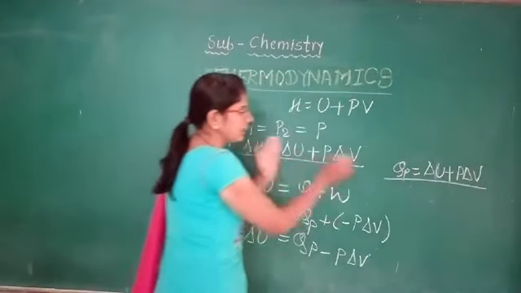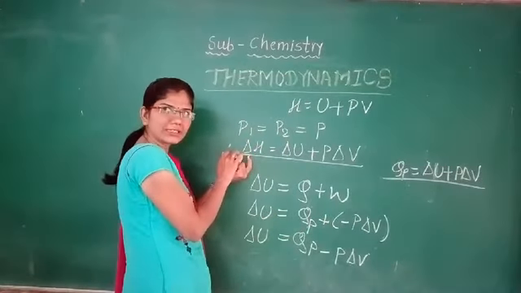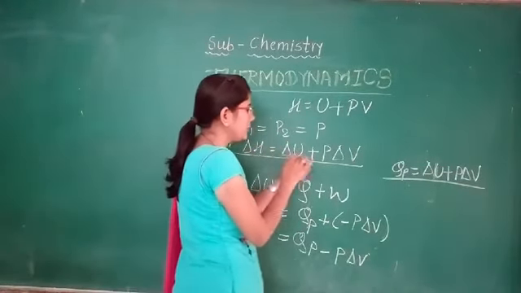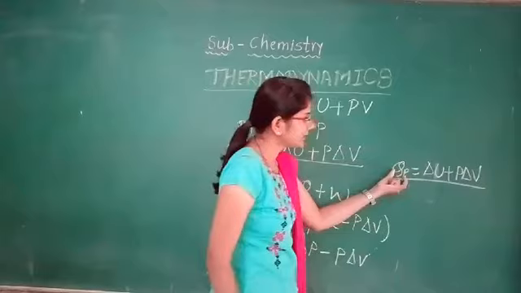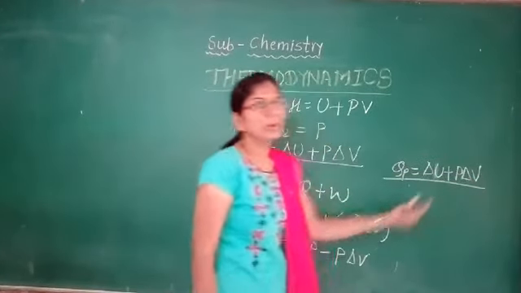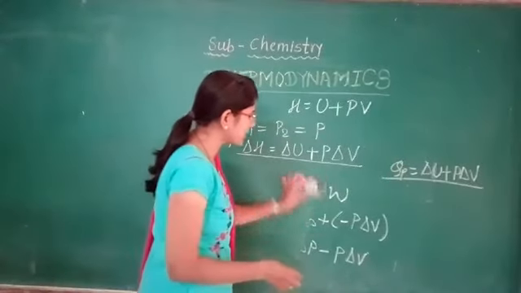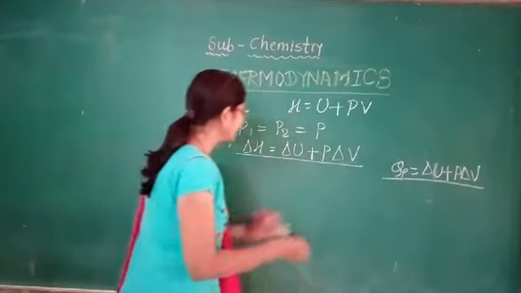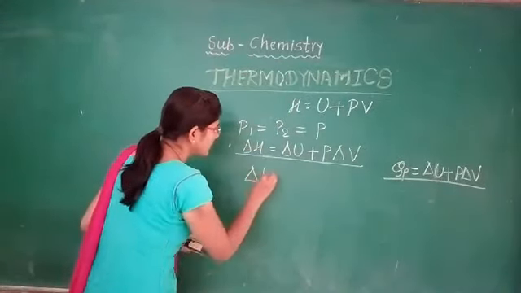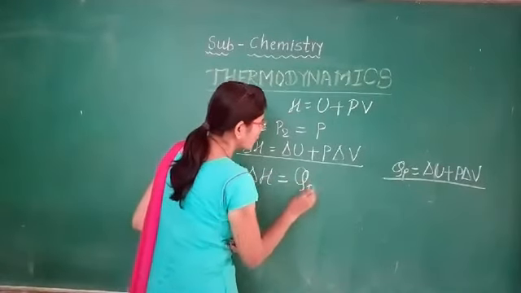Suppose we compare these two equations: the expression of enthalpy change, which is equal to delta U plus P delta V, and the heat content of the system, which is also equal to delta U plus P delta V. If we compare both these equations, then we can write that the change in enthalpy is equal to QP.